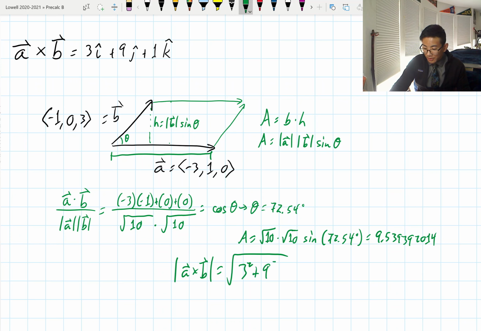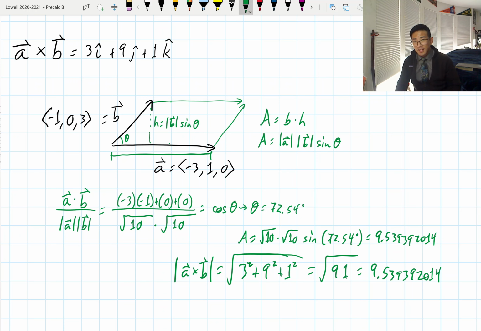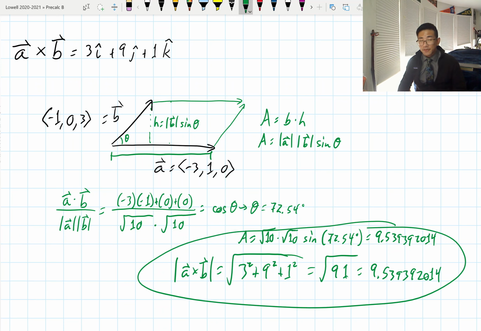So 3 squared, 9 squared, plus 1 squared. That's the square root of 91. If I take the square root of 91, I'm going to get 9.539392014. That is not a coincidence. That is exactly what it's supposed to be. So yes, these are the exact same value.